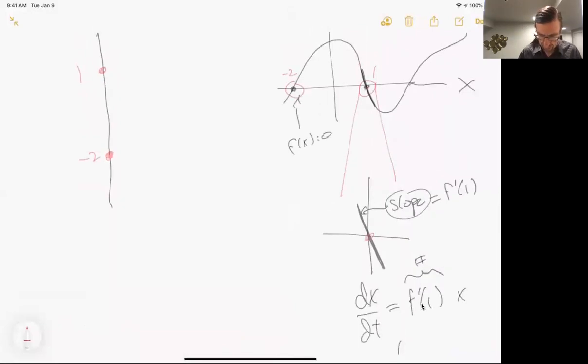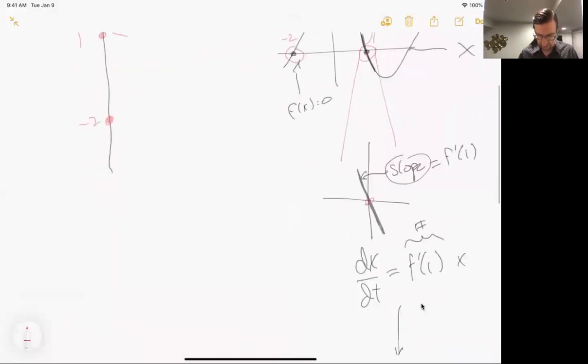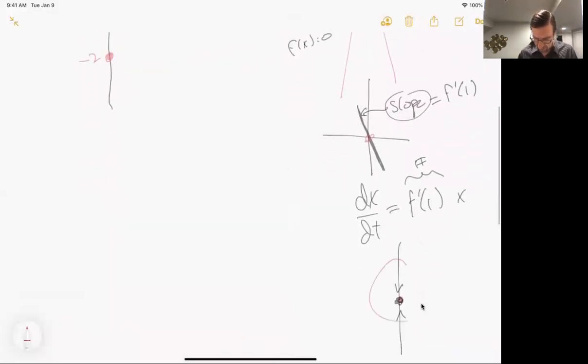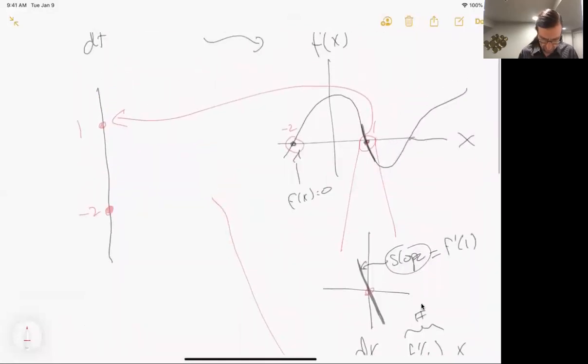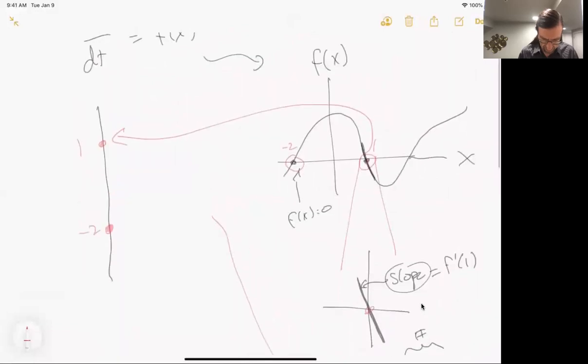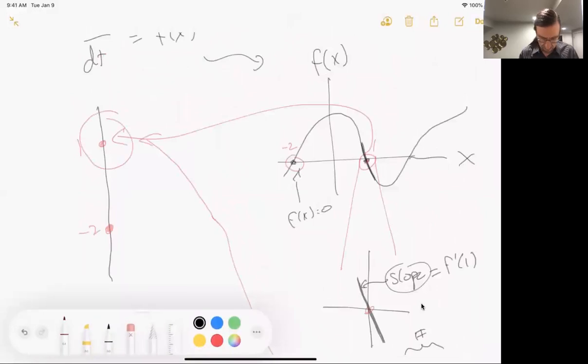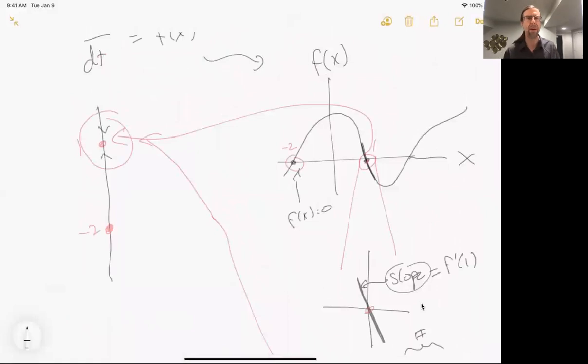So around that equilibrium point, we're seeing things move toward it at a particular rate. The behavior near that equilibrium point is the same as the behavior of the corresponding linear system, right?